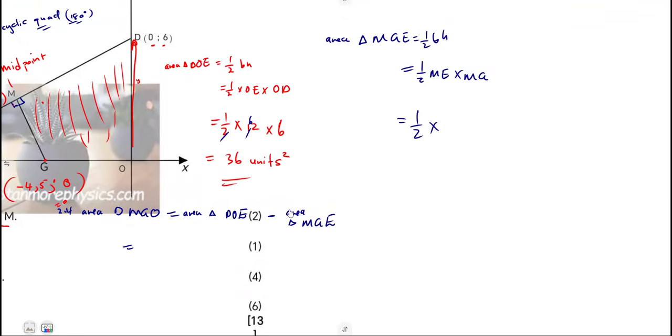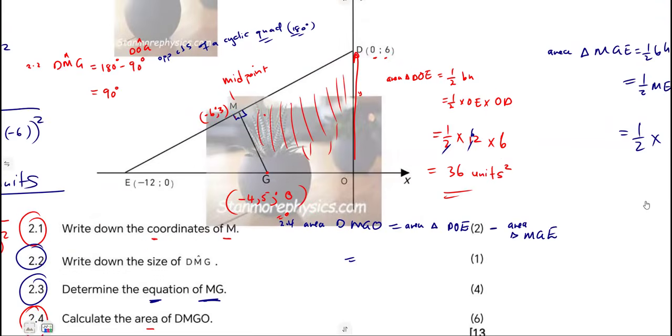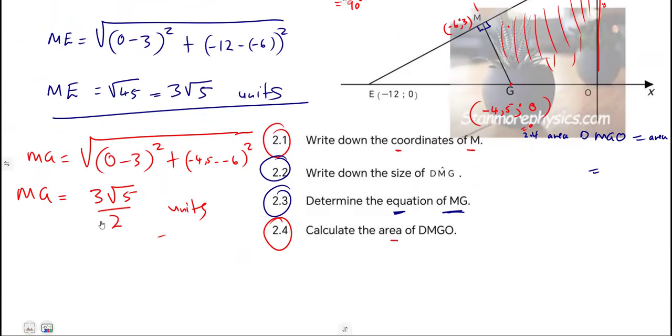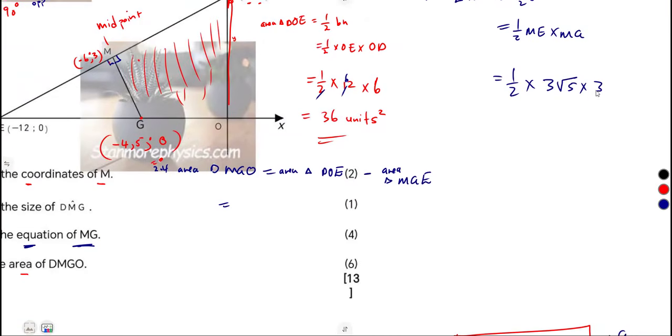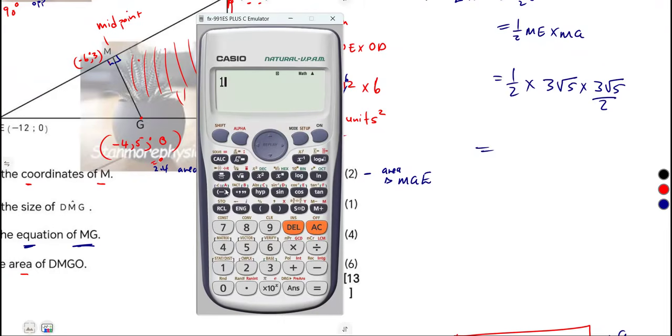That's the length of M to E. M to E is 3 square root of 5. We calculated this. 3 square root of 5 times M to G. Remember, our M to G is 3 square root of 5 over 2. We calculated that. You can even use your calculator to simplify or evaluate everything at once.